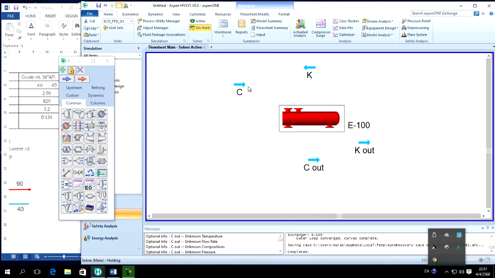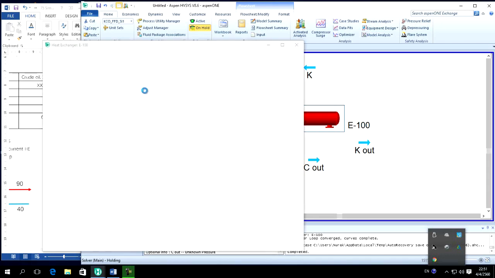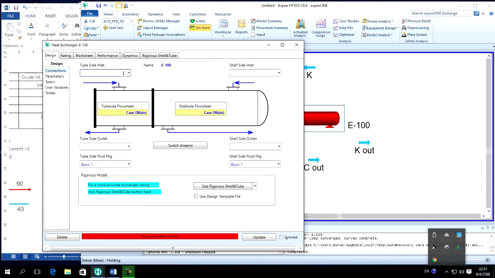We found that crude oil is dirty compared to kerosene, so I put that in the tube. So that must be C and C out. I can scroll down and also kerosene and kerosene out.